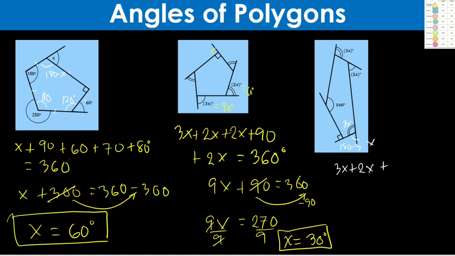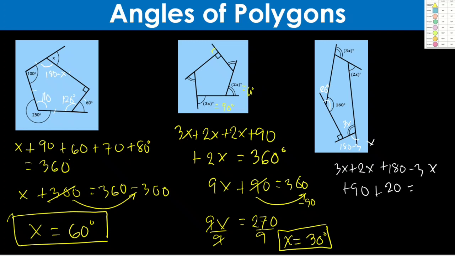So this is 180 minus 3x, and here plus 90, here plus, the total is 180 degrees. 180 minus 160 gives us 20 degrees here, so plus 20 degrees.